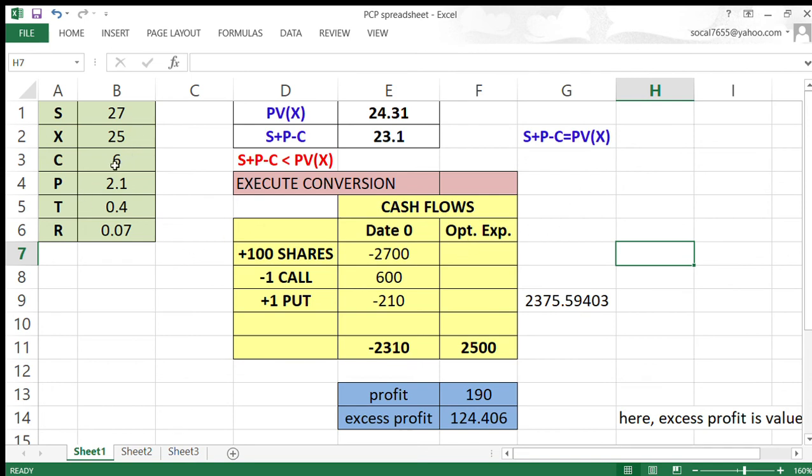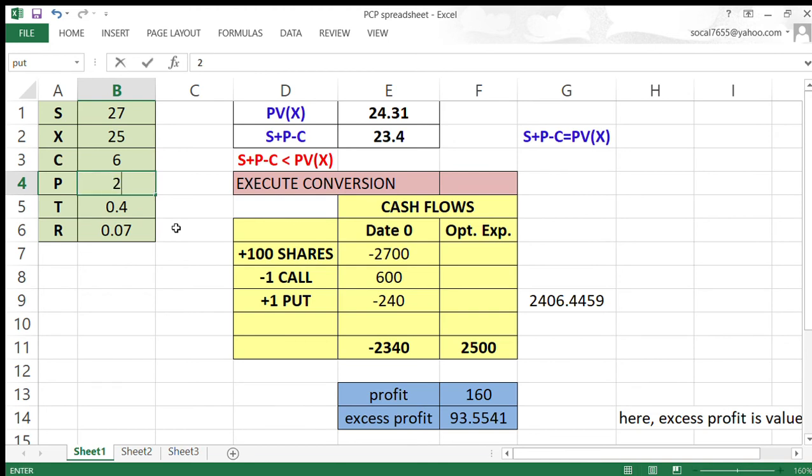Now let's just assume instead of being 210, let's assume the put price is 240. Okay, the put price is 240. Okay, then we have stock price plus put price minus call price, still less than the present value of the strike price.